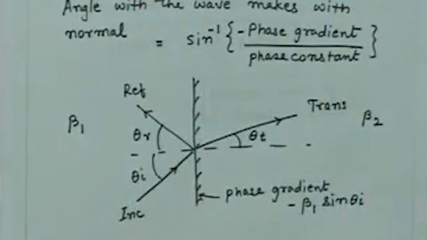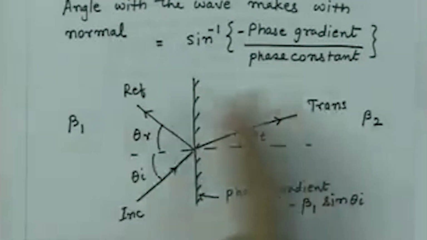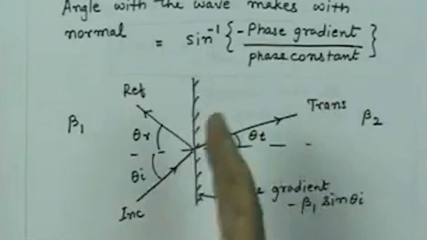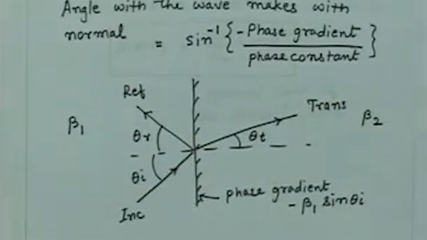Once we understand this, the analysis of wave propagation across the dielectric media is quite straightforward. The idea now is that you write down the phase function on both media for all 3 waves, match the boundary conditions at the interface, and then find the amplitudes of the electric and magnetic fields in the 2 media for these 2 waves with respect to the incident wave.